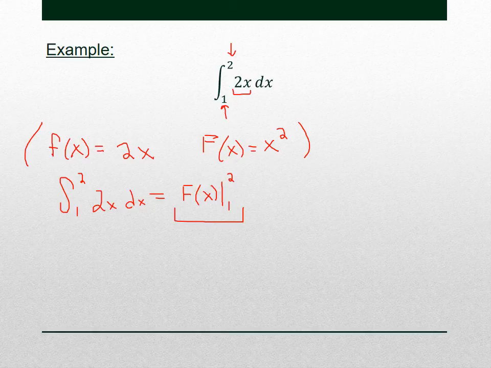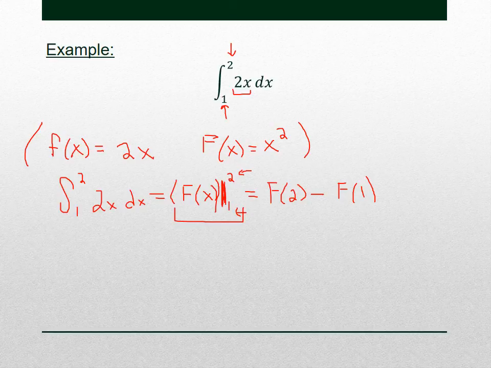So that's F of x, and then this bar means evaluated from 1 to 2. And what that means is plug in the top 2, and then, whoops, not equals, but subtract F of the bottom. So that's 1.